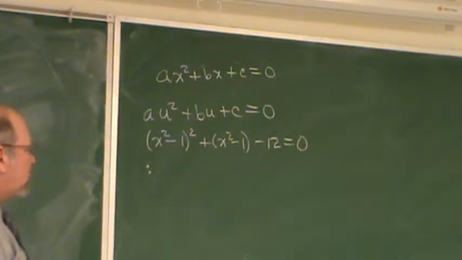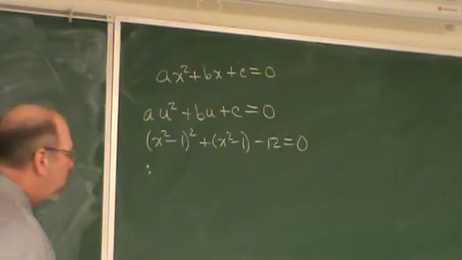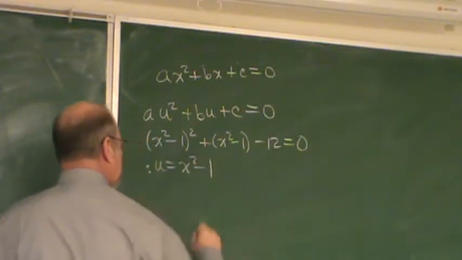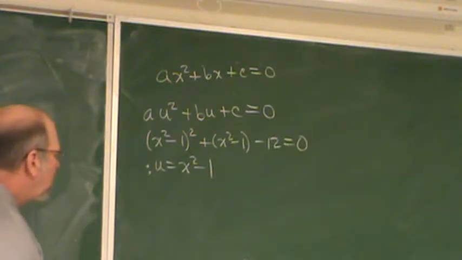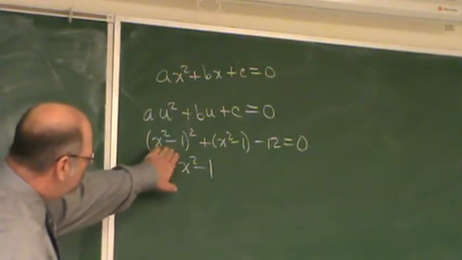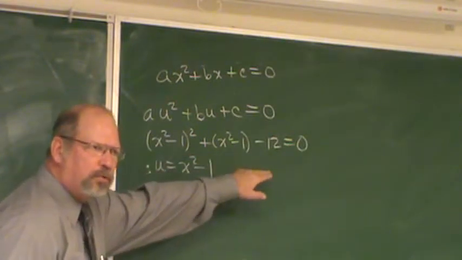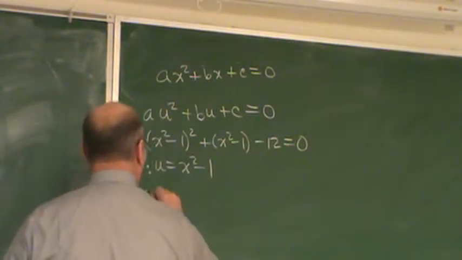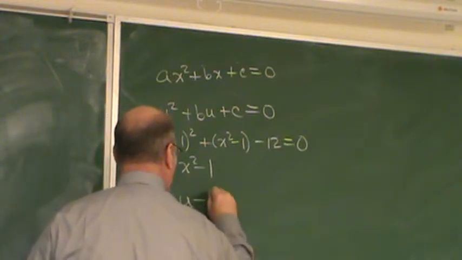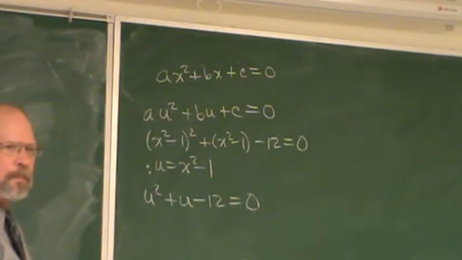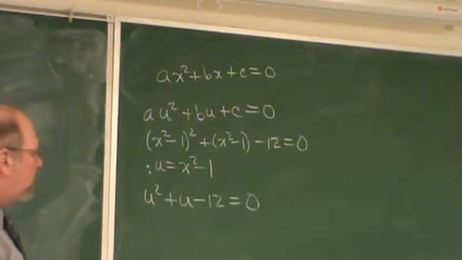I want to point out that this guy is quadratic in form. If you let u equal x squared minus 1, then what you have is u squared plus u minus 12, don't you? In other words, u squared plus u minus 12 equals 0. And that doesn't look near as mean, ugly, and scary, does it?